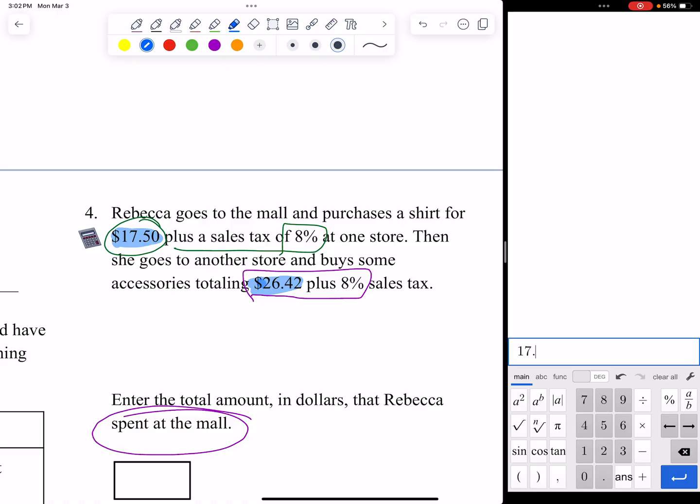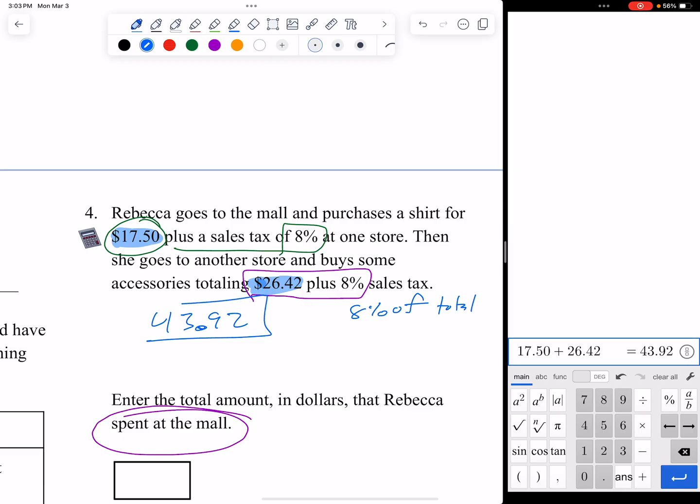So I'm going to take 17.50 and add the 26.42. When I do that, that gives me a total of 43.92. But here's the thing. I need to figure out 8% of my total, and you see why I'm doing this, because of the calculator here. That is my total that I had spent on a shirt and on the accessories.